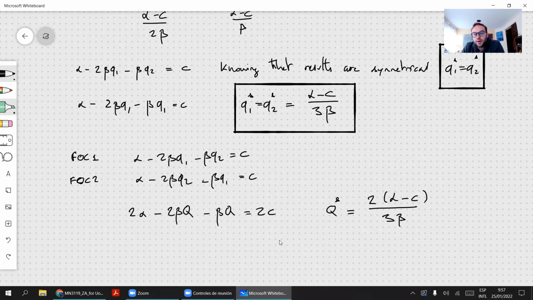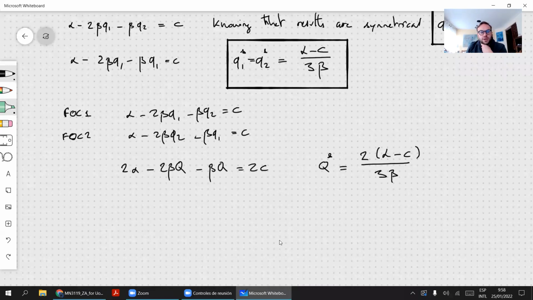So the idea here is that this works very well if you have a large number of firms, and even if things are not symmetrical. If you don't have symmetry, you can always take this way of solving things, expressing everything in the aggregate quantity. And once you get the aggregate, you can retake any of the first order conditions and rewrite the quantity that I'm going to produce as a function of the aggregate.